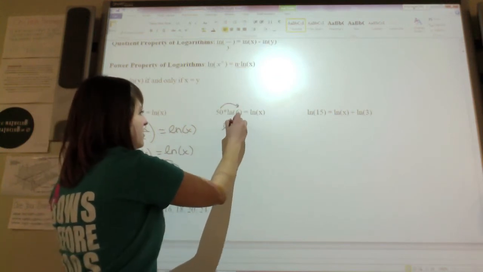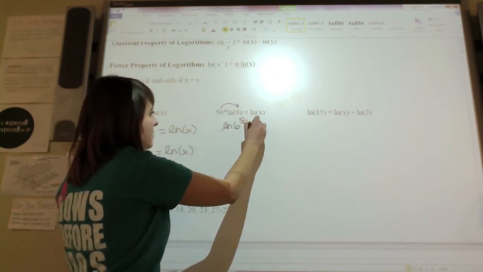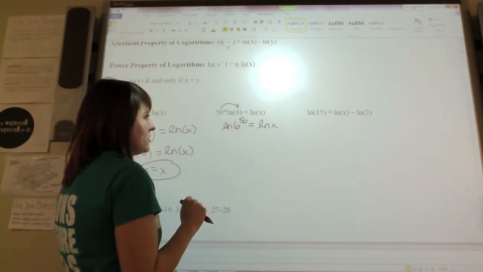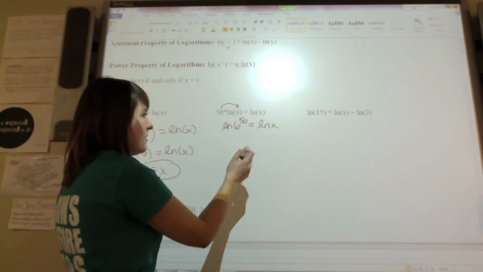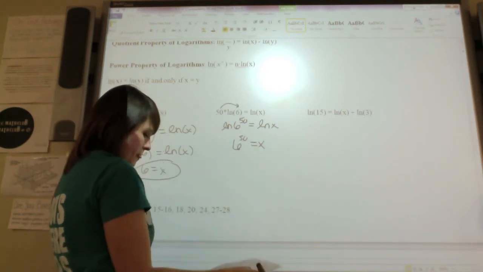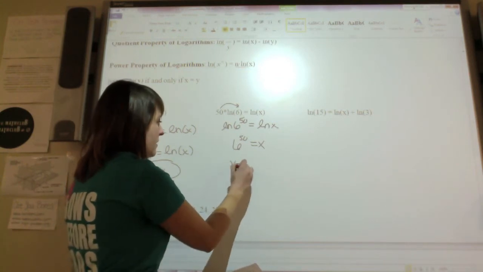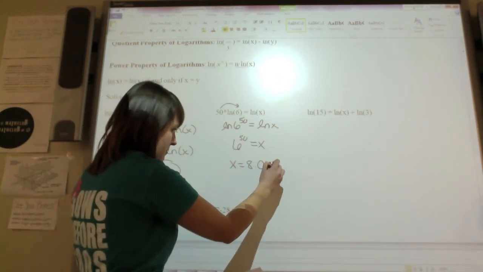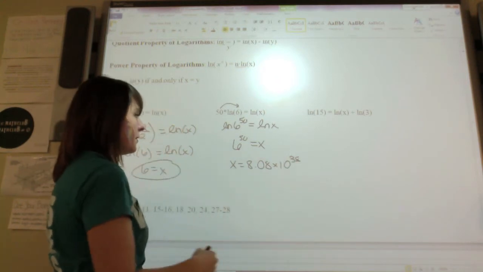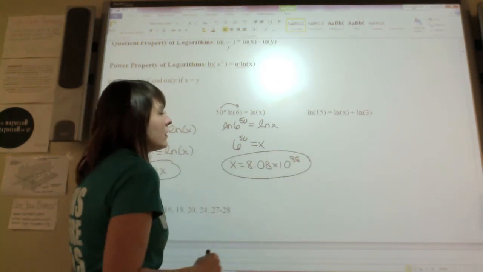So this is going to be the natural log of 6 to the 50th equals the natural log of x. Now that I've got a natural log on both sides, I can get rid of that natural log and I can just say 6 to the 50th equals x, which is 8.08 times 10 to the 38th power. So it's a big number.